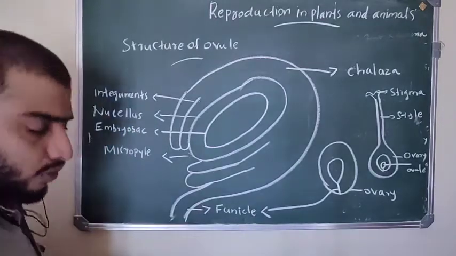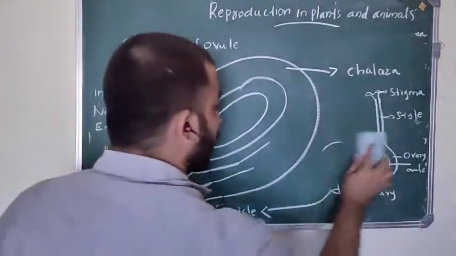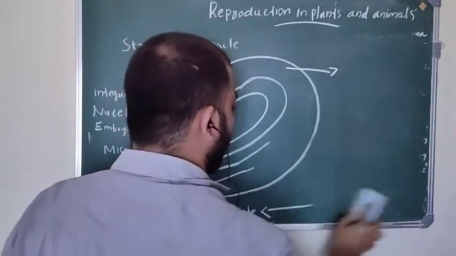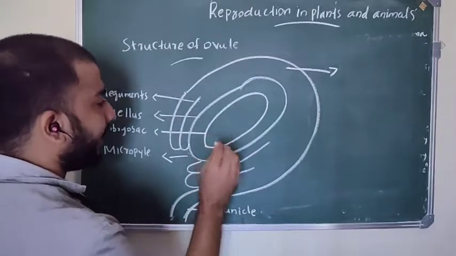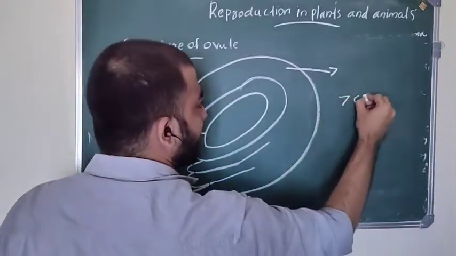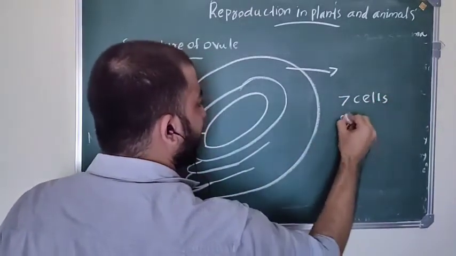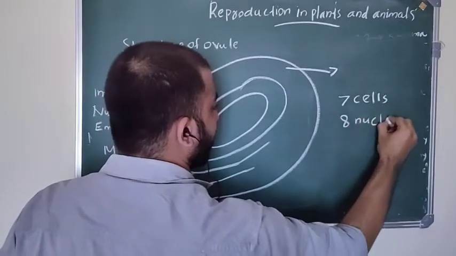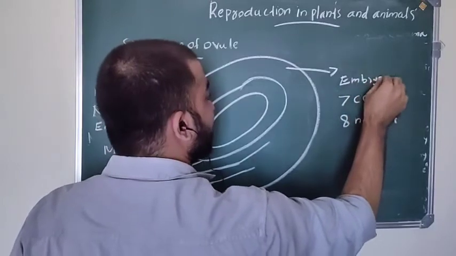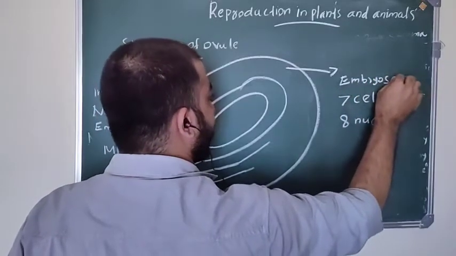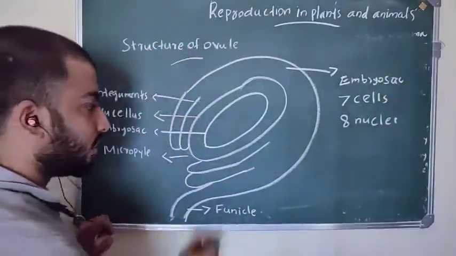Okay. If you look at the embryo sac, what is the important point you can find? The embryo sac contains 7 cells and 8 nuclei. What is present inside the embryo sac? 7 cells and 8 nuclei. Let's look.